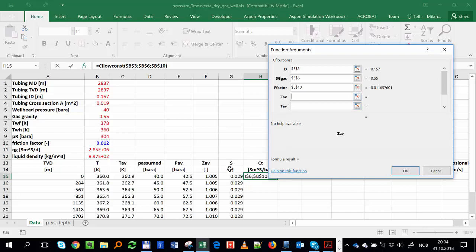Z average, this guy, I don't block it. It will be different for each segment. T average, C15. L, that's what? That's the length of the segment. In this case it's vertical, so the length is equal to the height of the segment. So it will be simply the TVD from the previous minus the previous. And S is this S factor here.